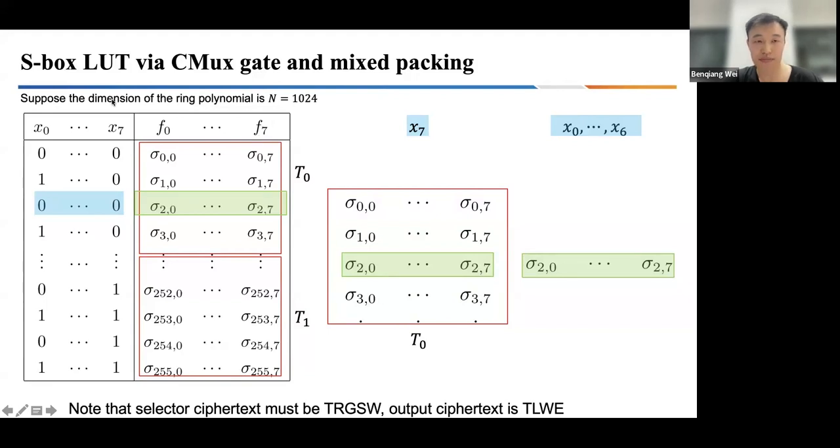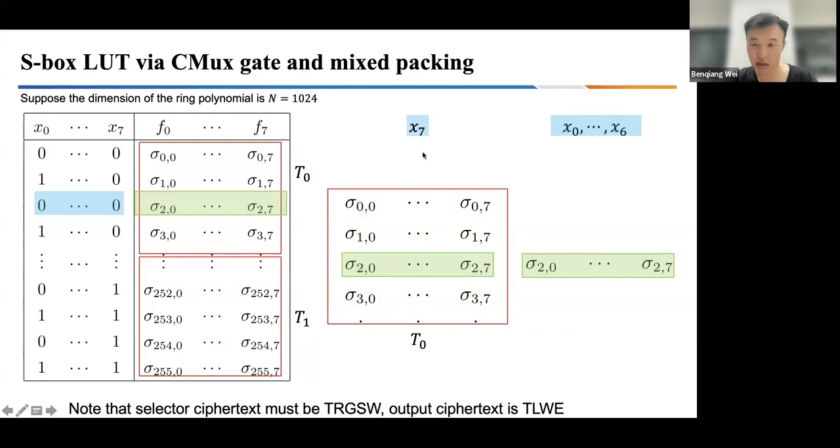Suppose the dimension of the ring polynomial is N equals 1024. Then we can pack all the outputs of the S-box into the coefficients of polynomials. So two polynomials are enough to pack all the output values, and we can denote them T0 and T1.